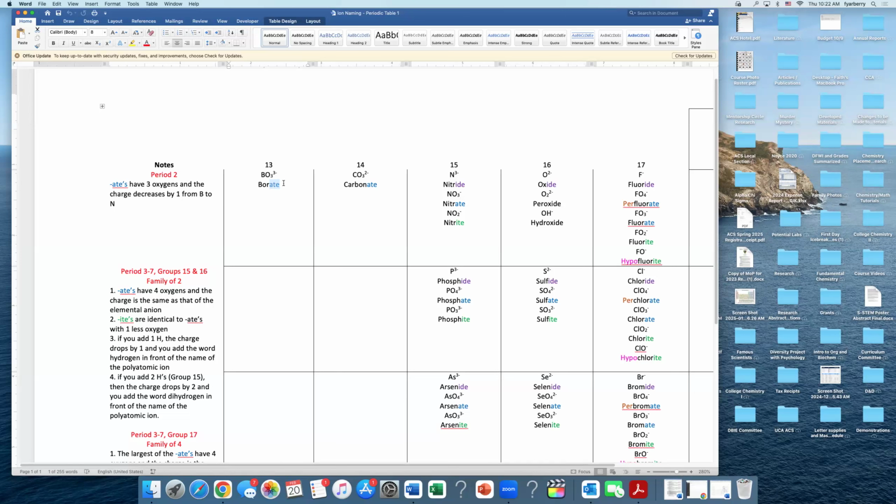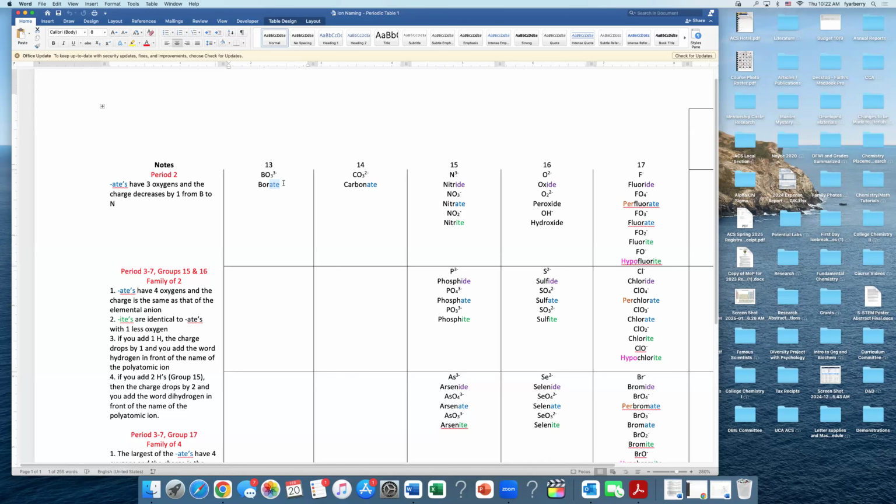So when I hear borate, I know that it is a polyatomic ion of boron and oxygen. When I hear carbonate, I know that it is going to be a polyatomic ion of carbon and oxygen. Nitrate is going to be a polyatomic ion of nitrogen and oxygen.